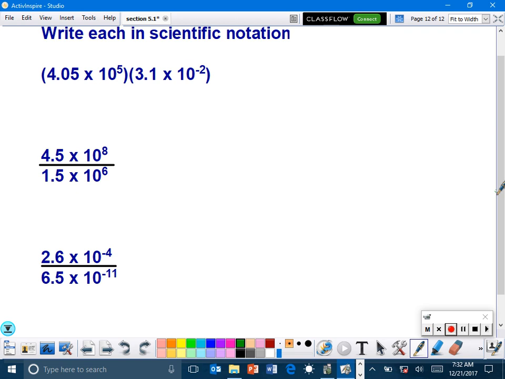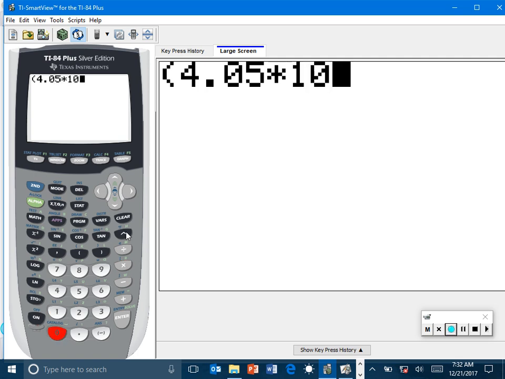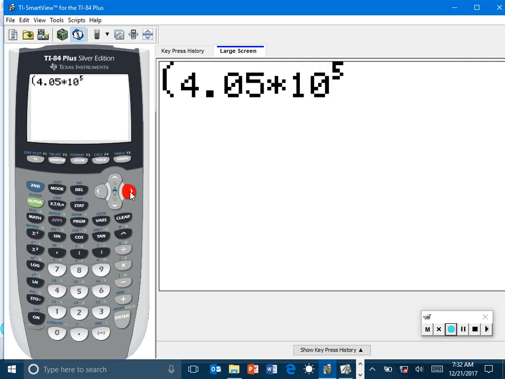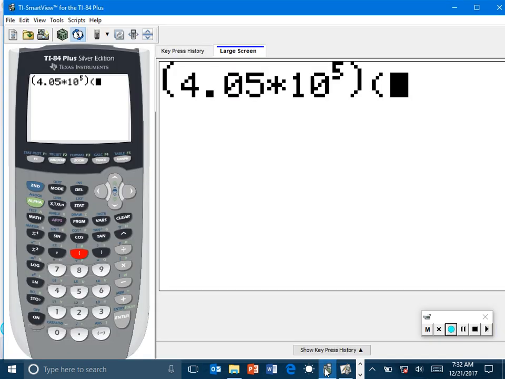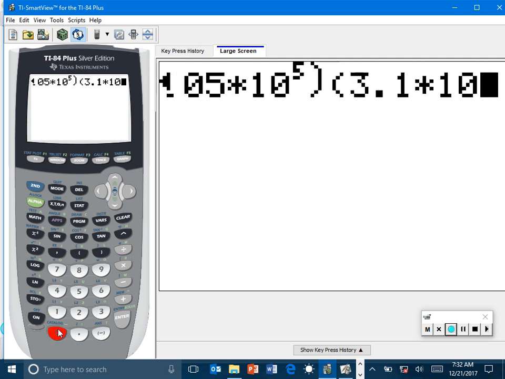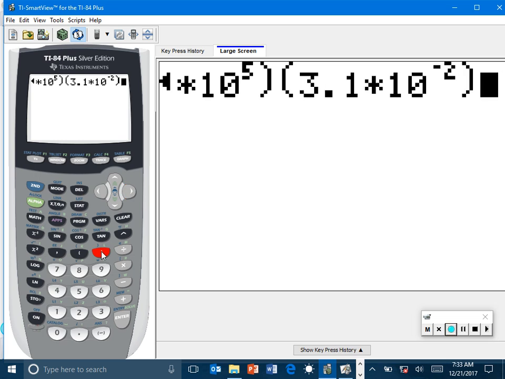So let me just demonstrate. 4.05 times 10 to the 5th power, all of that in parentheses, times 3.1 times 10 raised to the power of negative 2. So just type it in like you see it.